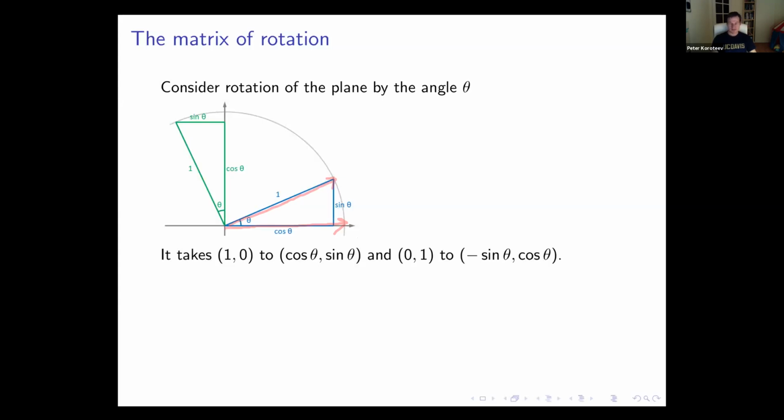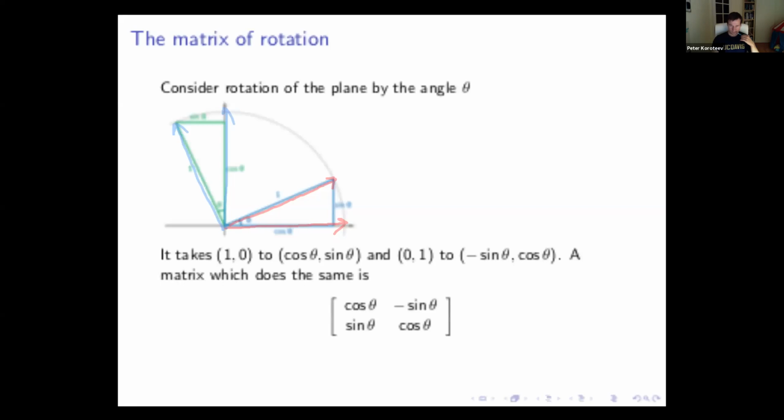And it takes the vertical vector (0, 1) to this vector with coordinates (minus sine theta, cosine theta). So you can write it as a matrix.